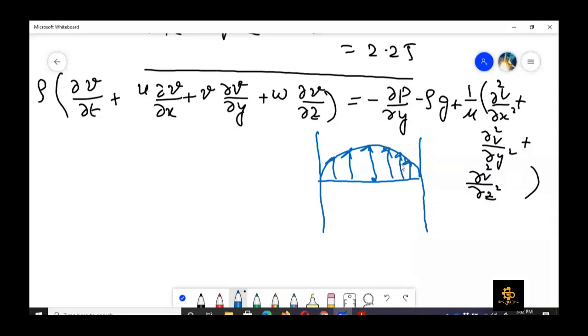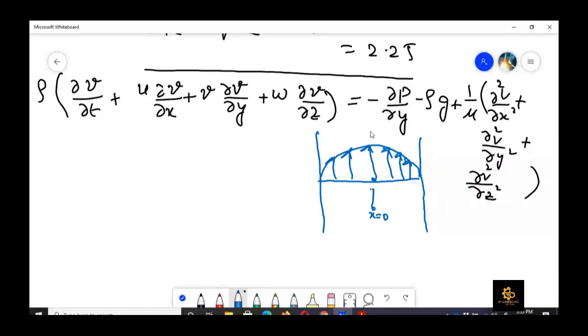It is like the flow of water going vertically from your underground tank to the overhead tank. There would be some pump installed in your home, and then water goes up from there. So we are going to start the x-axis from here, so x is equal to 0 from here, and we also know that partial v by partial x would be equal to 0 because the flow is fully developed.